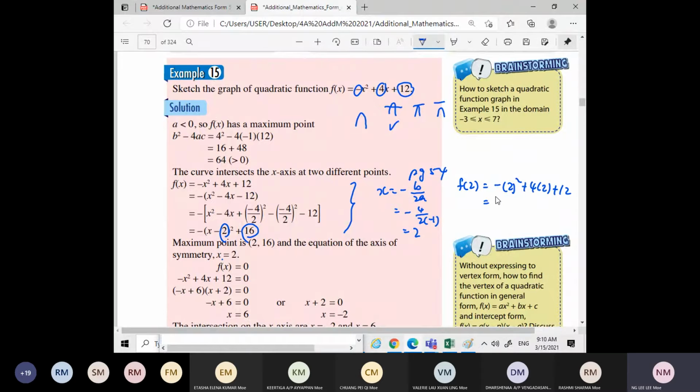I think you should get 16. So either way, here also you will get the maximum value. Either you use completing the square, if not you use this formula. Either one.